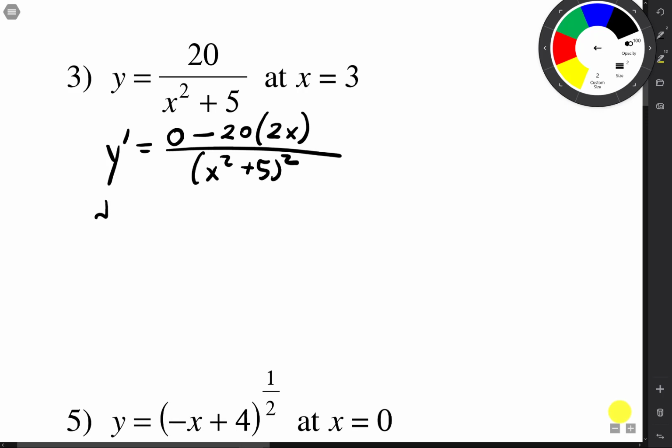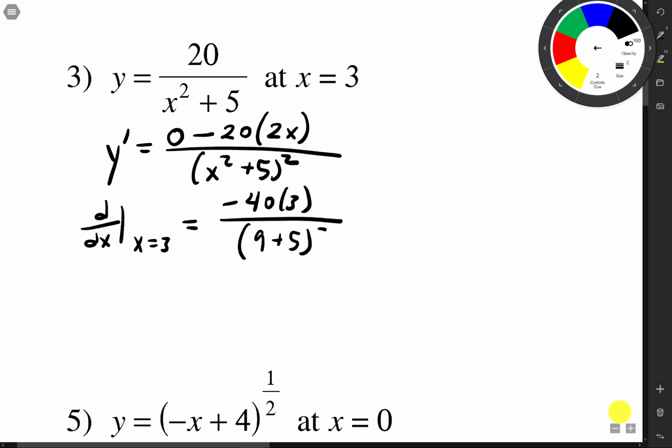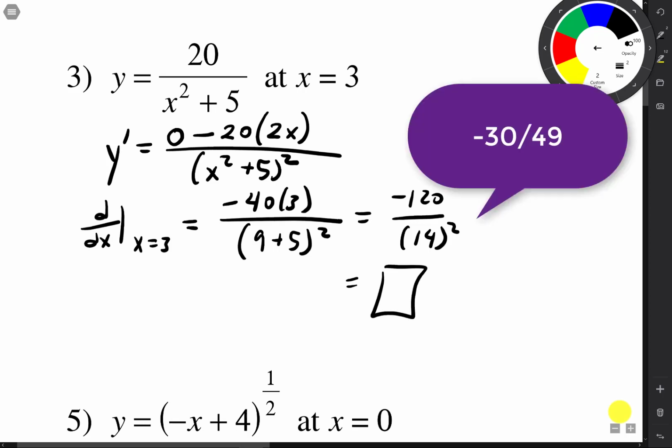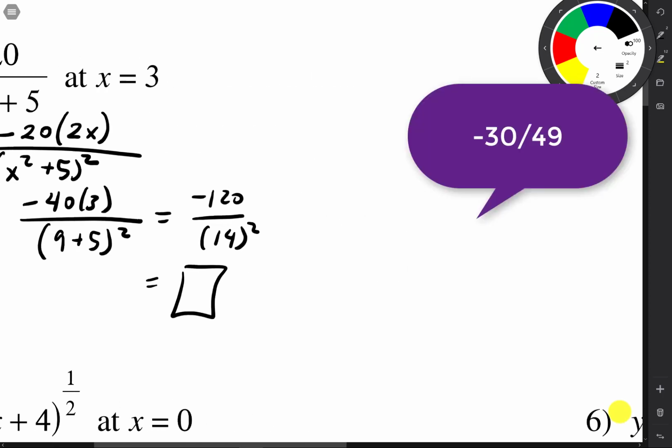And so the derivative when x equals 3 is just going to be negative 40 times 3 over 9 plus 5 squared. So that's negative 120 over 14 squared, which is something. It'll tell us down there. Okay.